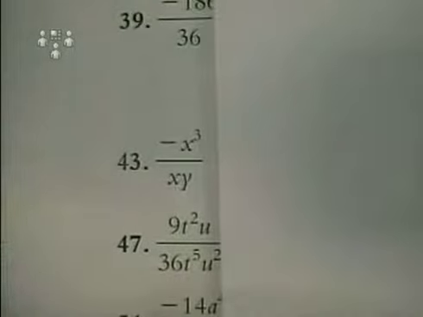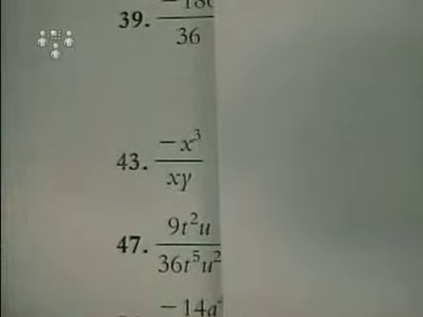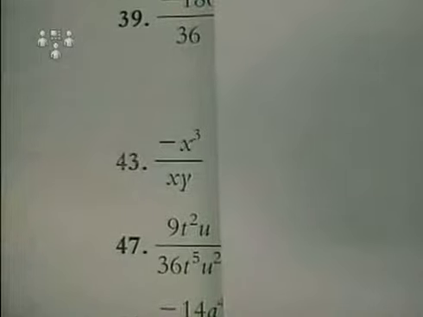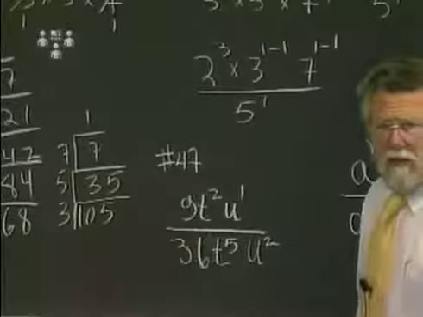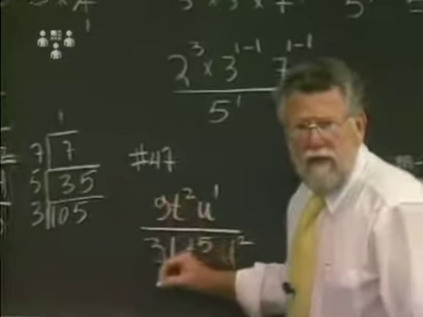Okay, so let me write that one in some space I have right here. This is going to be number 47, so that we can have that as 9 t to the 2nd, u to the 1st, over 36 t to the 5th, u to the 2nd. As we look at that on the board, Sandra's statement was the 9 over 36 became 1 over 4.